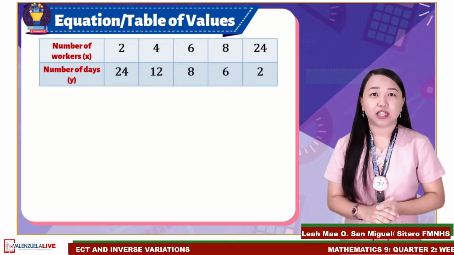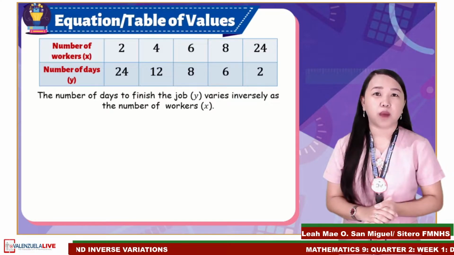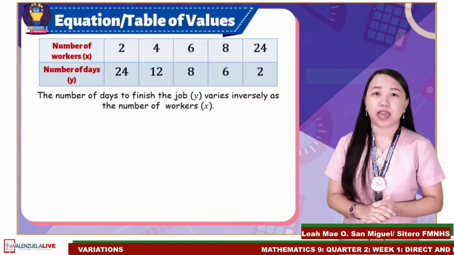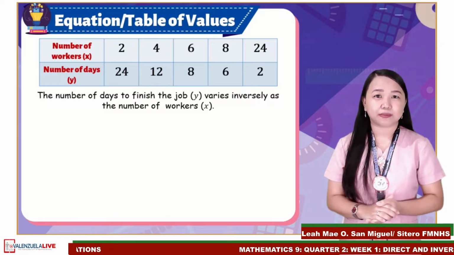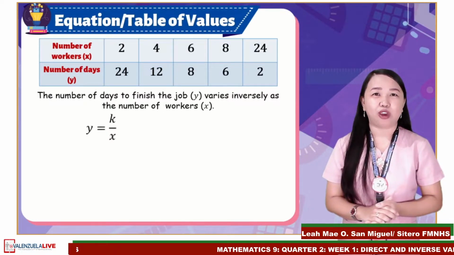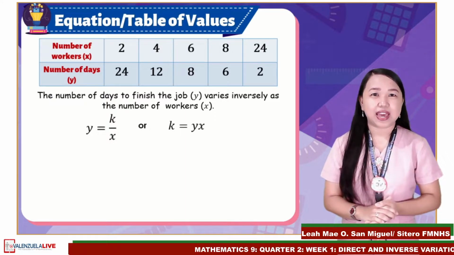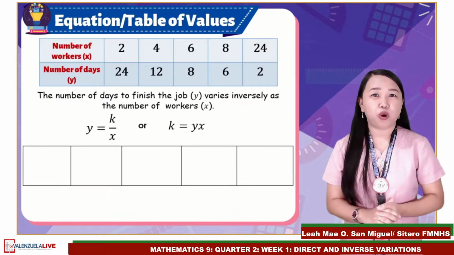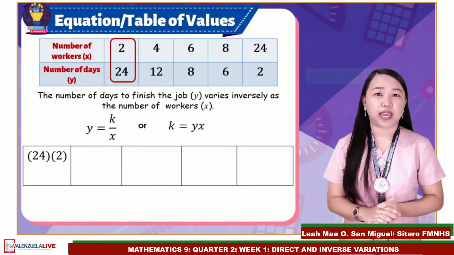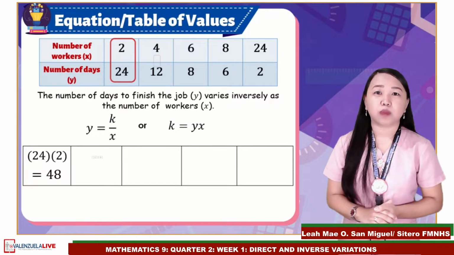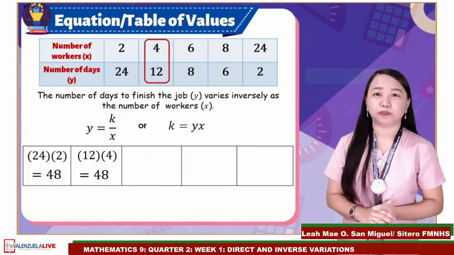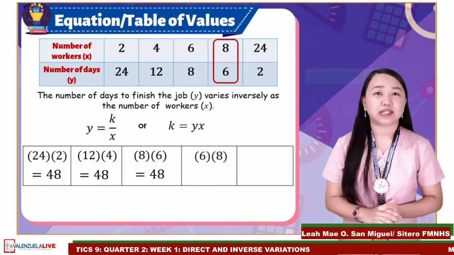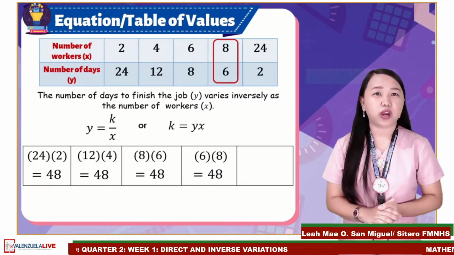Take note that the number of days to finish the job, Y, varies inversely as the number of workers, X. The equation is Y is equal to K over X, or K is equal to YX. 24 times 2 is 48. 12 times 4 is 48. 8 times 6 is 48. 6 times 8 is 48.